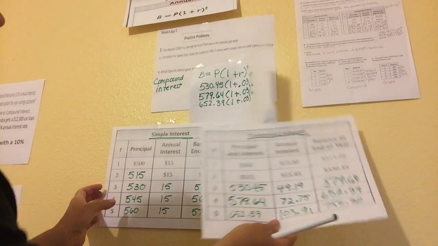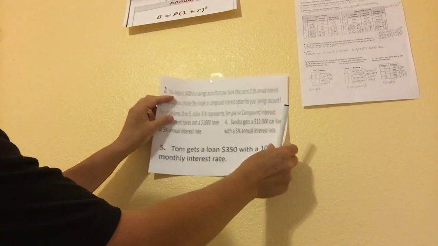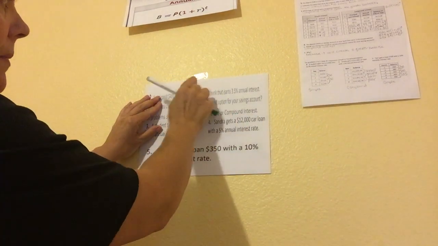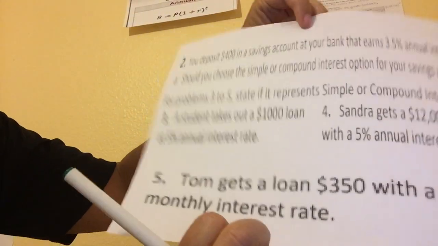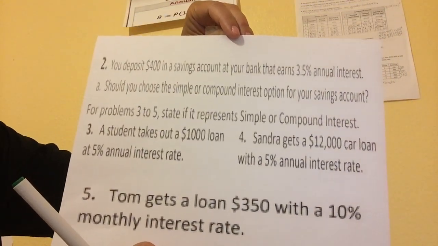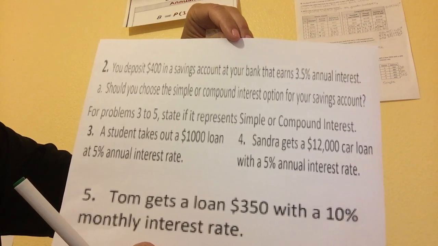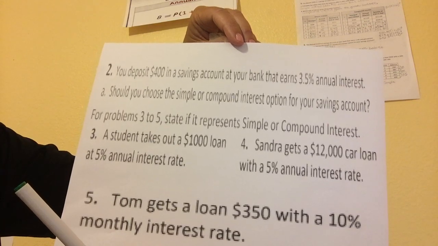Okay, so let's take these down. And we will look at number 2. Maybe put this up a little closer so you guys can see it better. Let's see if you can see that. Move it back a little bit. It says, you deposit $400 in a savings account at your bank that earns 3.5% annual interest.